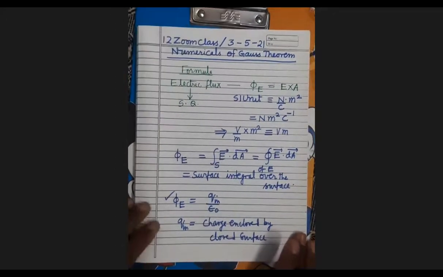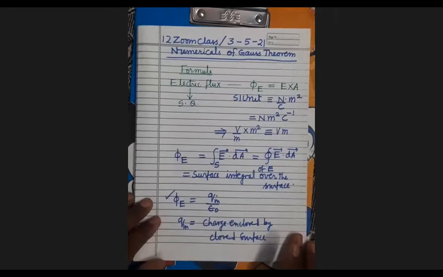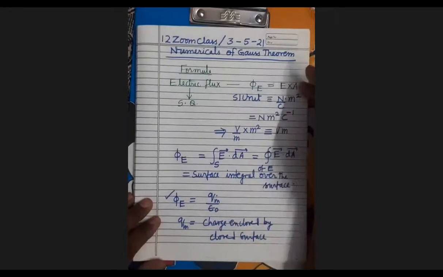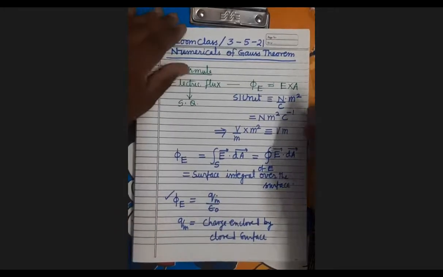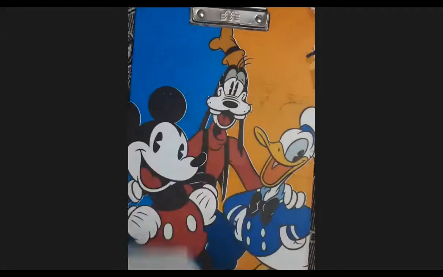After that, we derived electric field intensity due to uniformly charged bodies by using Gauss theorem. What was the first derivation?